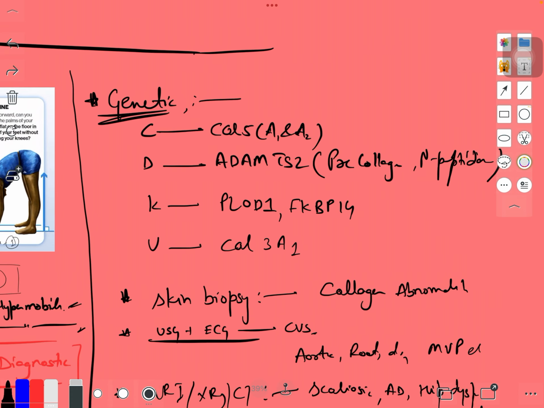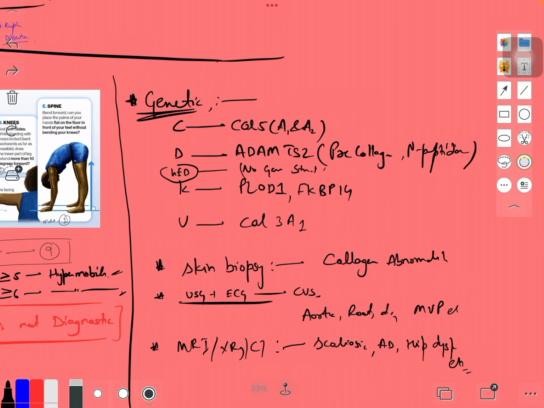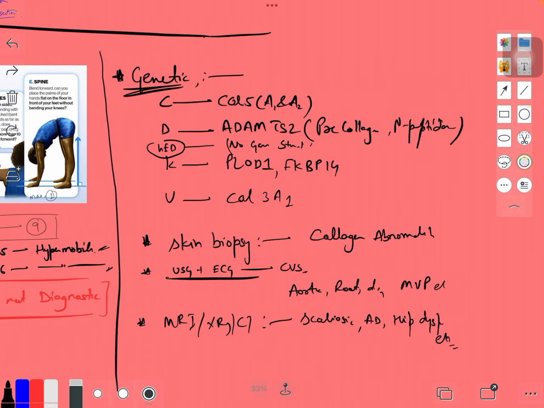Now, we didn't mention the H variant of the EDS over here, because it doesn't have any gene, so no gene, or the gene unknown, no gene studied yet or found yet, whatever. We don't focus on that.